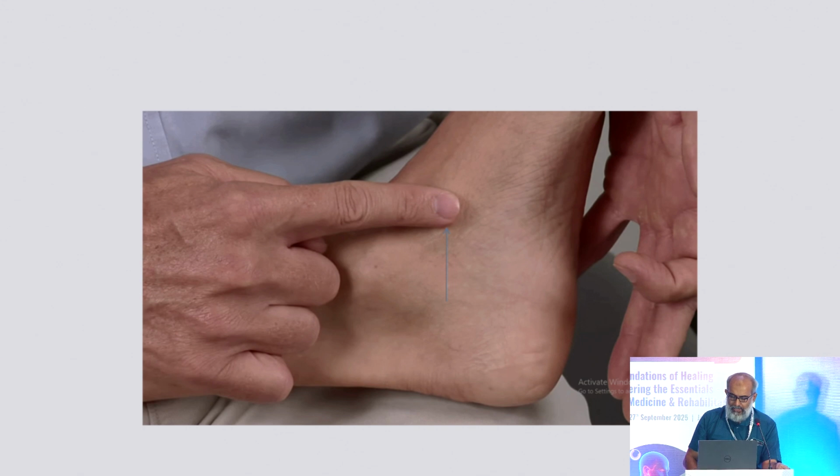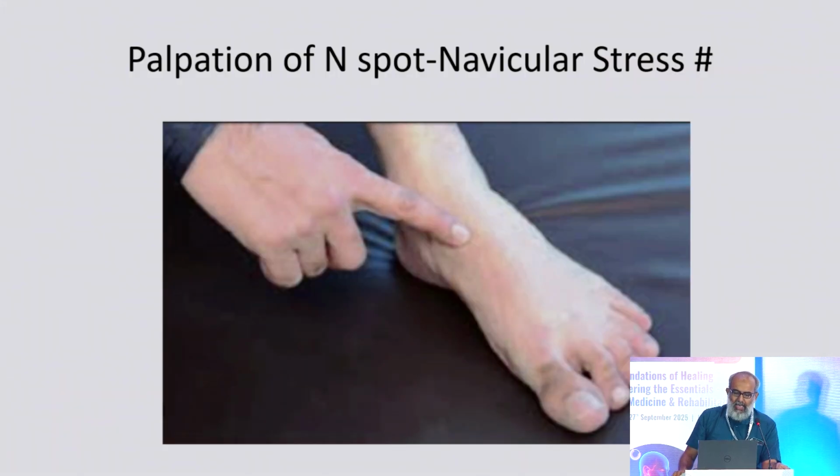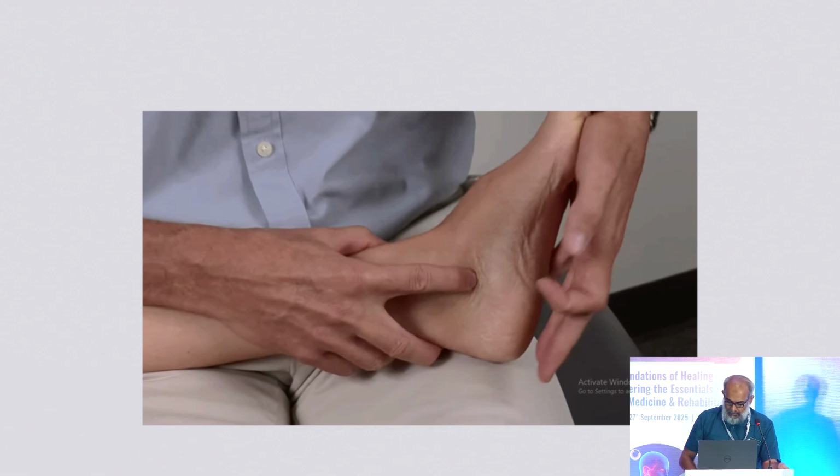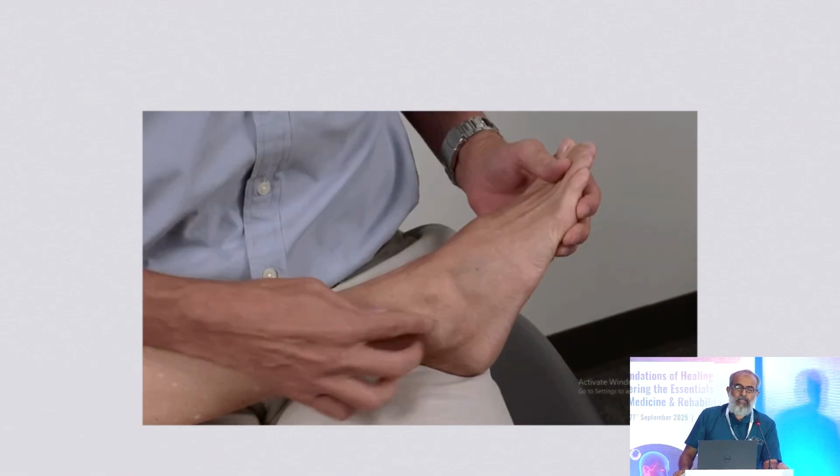So now you know the sustentaculum tali, the navicular tuberosity, and palpation of this spot anteriorly is for navicular stress fractures. So these are the basic minimum things on the medial side, because when you reach the navicular tuberosity, you can actually move forwards to get the cuneiform and then you can move forwards towards the metatarsal.